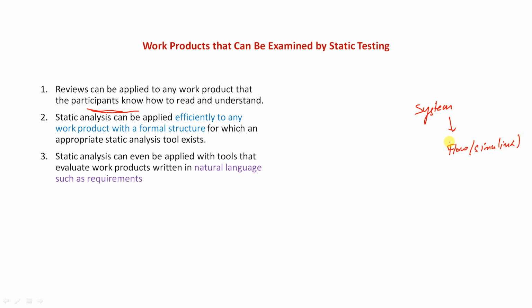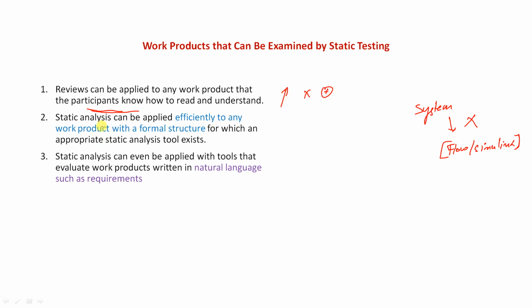If you are an integration tester, or a system tester, if you have knowledge of this, you can go ahead. If not, then you should not. All right, so that is what participants know how to read and understand. If not, even for simple things you may get doubts, and you will raise unnecessary questions that will spoil the time.